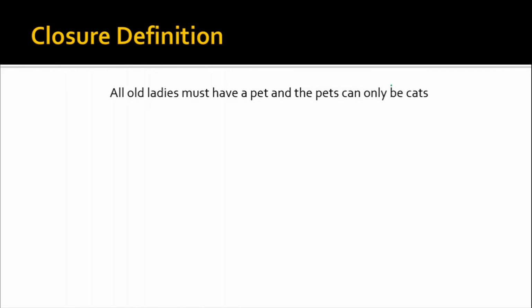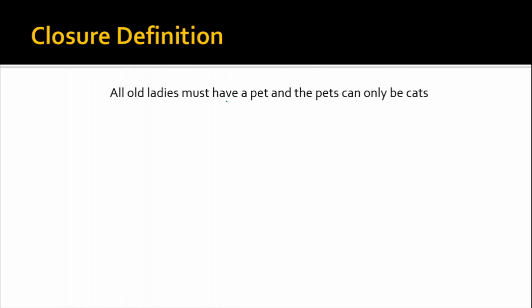But with the semantics of the open world assumption and the for all operator, even if you do not have any cat, that will be trivially satisfied. Actually, you don't want that. You want to say that it must have a pet, and also this pet can only be cat. So that is what we are trying to model, right?